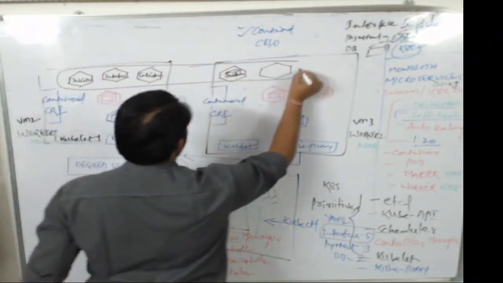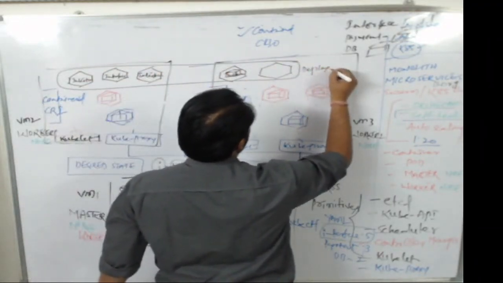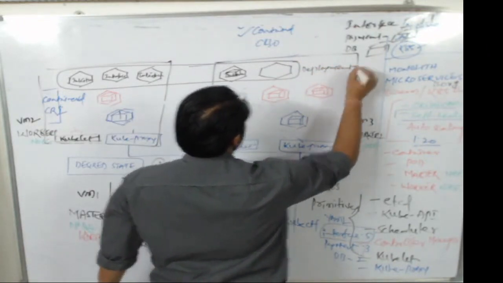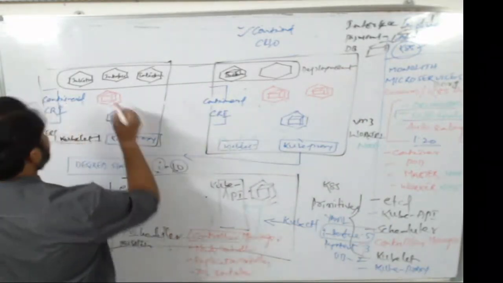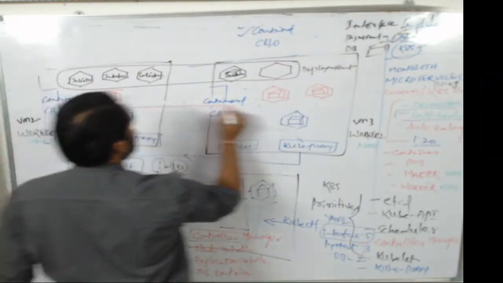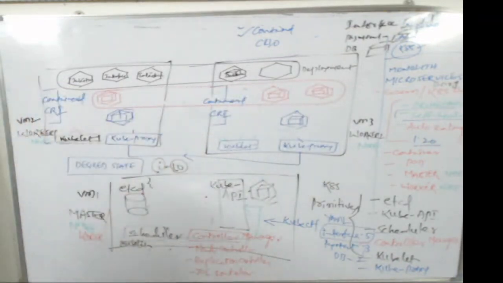So you have a deployment of interface pods. Then we have a deployment of payment pods. Then we have a deployment of database pods.